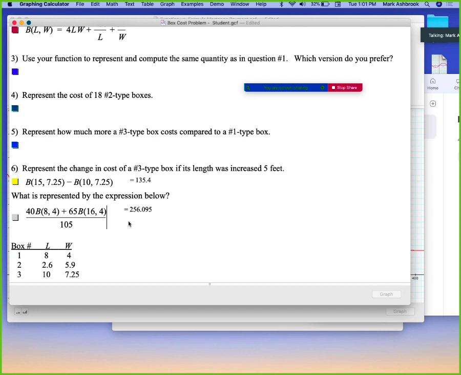Do you like this activity for students to help them with function notation? I think both kinds of questions are good. Write the expression using function notation for this, and then the flip side is like what I did. Here's an expression. Figure out what it means in terms of the boxes. So both kinds of questions are really good.